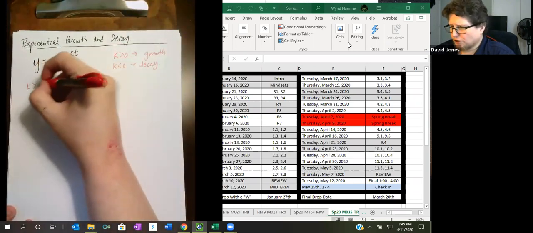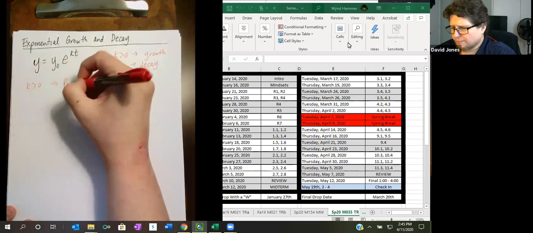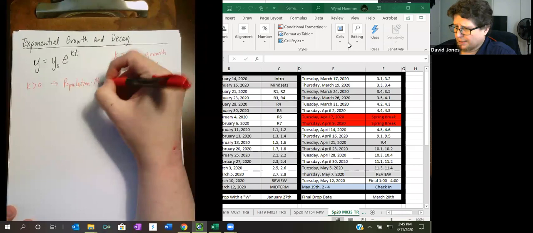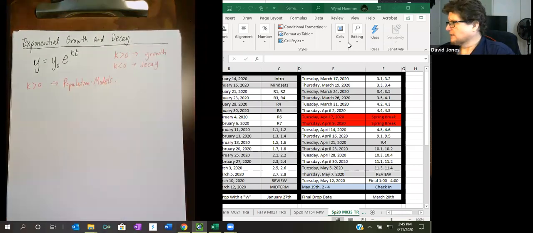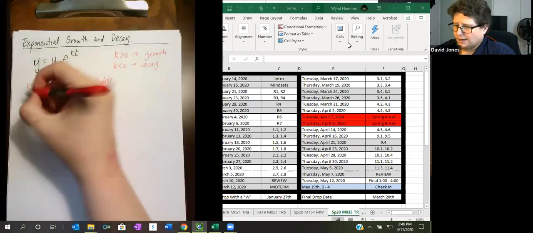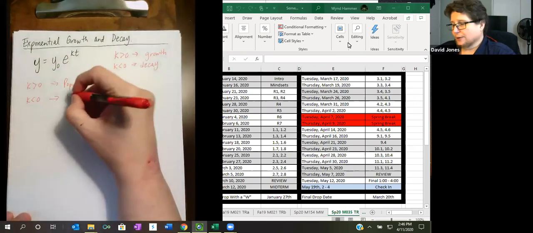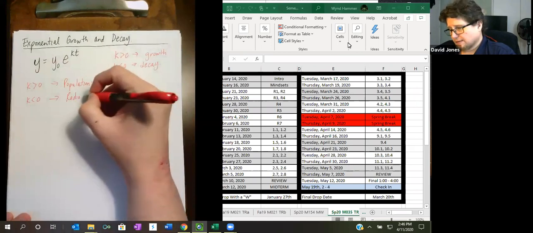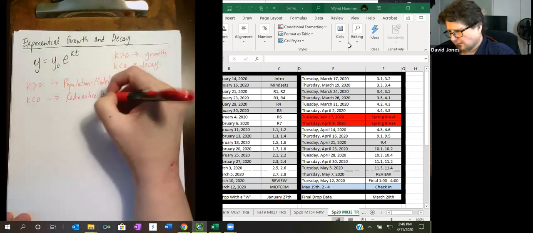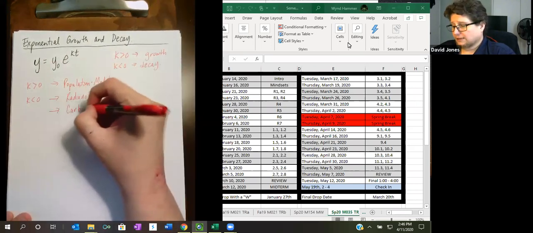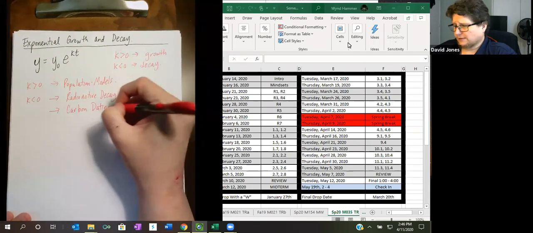K greater than 0: population models, bacteria models, like petri dish, stuff like that. K less than 0, we have things like radioactive decay, carbon dating or half-life. This is how they date really old stuff.